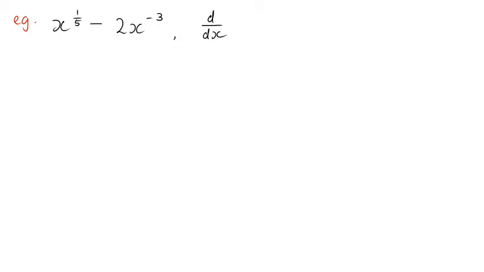So what's the derivative of x to the 1/5? 1 on 5, x to what? Yep. Yeah, just 1/5 minus 1. Minus 1 from the power, always. Yep. Okay, negative 2x to the negative 3. Yeah. Minus 4. Good. Now, simplify.